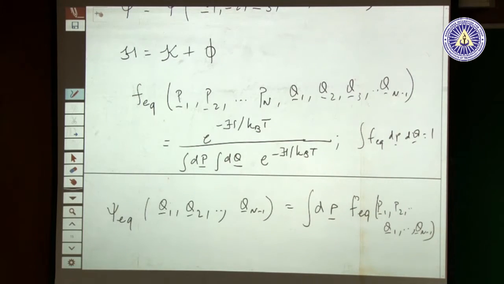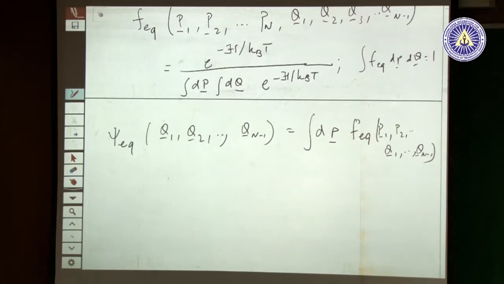And similarly, you can see from here that the integral of psi equilibrium q1, q2 and so on dq is also equal to 1, because if you integrated this right hand side by dq, you come back to this, which is normalized. Okay, so both these distribution functions are normalized.